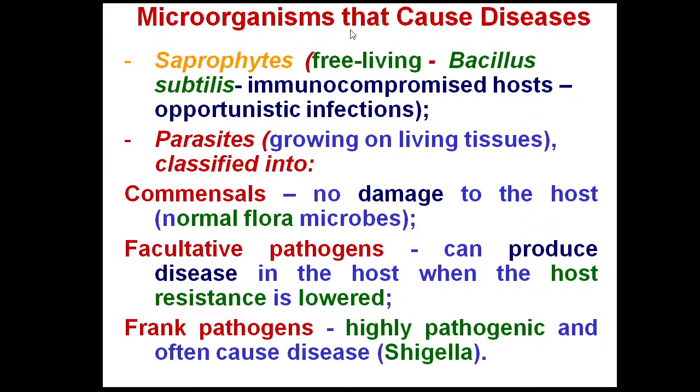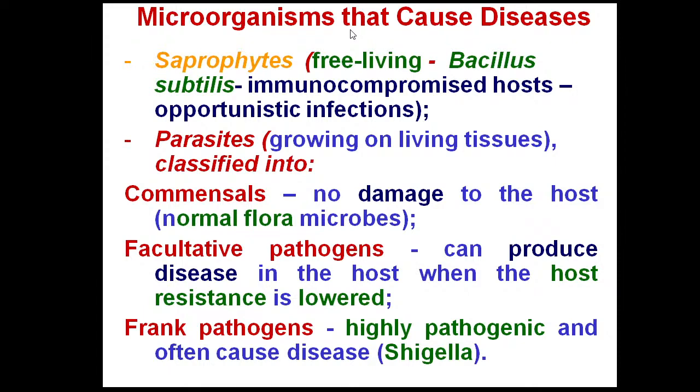But when they enter some immunocompromised hosts, in which the protective immunity is not so high, they may get the opportunity to stay in a body, multiply in the body and cause disease. So that's why they usually cause diseases that are called opportunistic diseases or opportunistic infections, because they get the opportunity to cause disease.